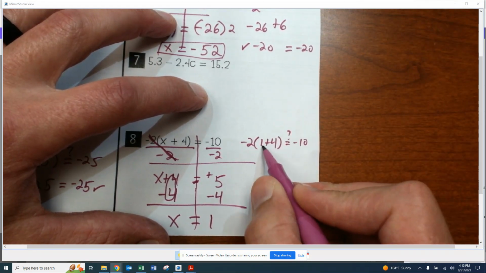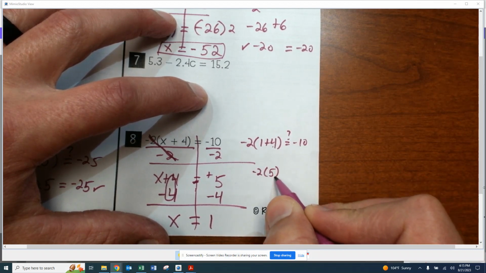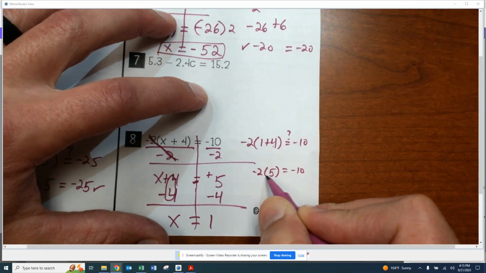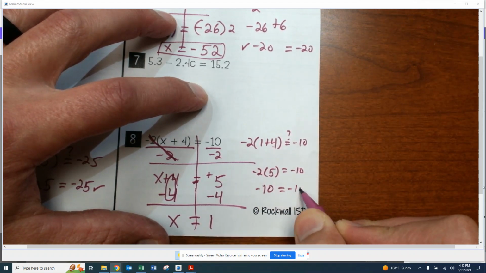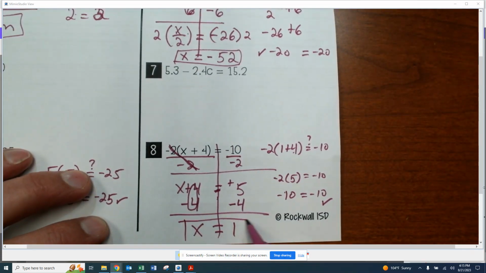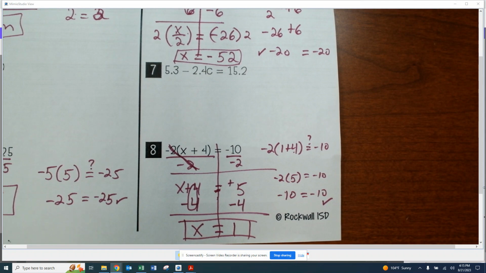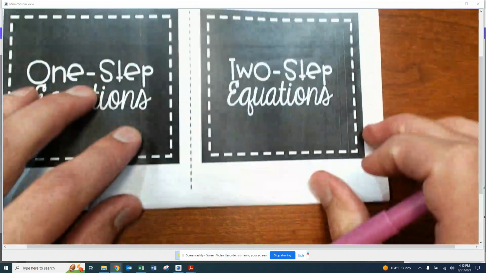Let's find out. 1 plus 4 is 5, so negative 2 times 5 is negative 10. So that works out. And so my answer is x equals 1. That's a quick review of solving one- and two-step equations.